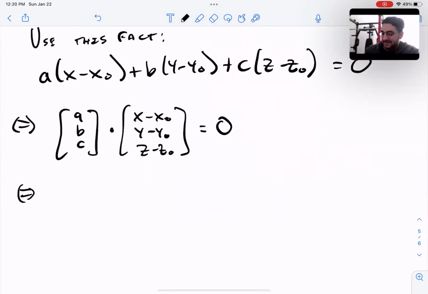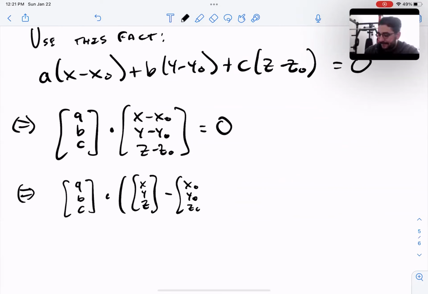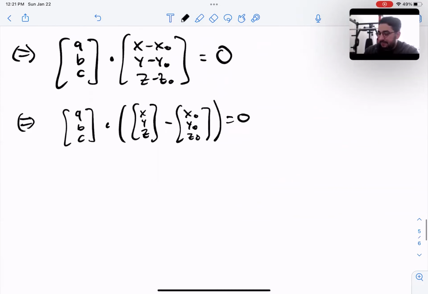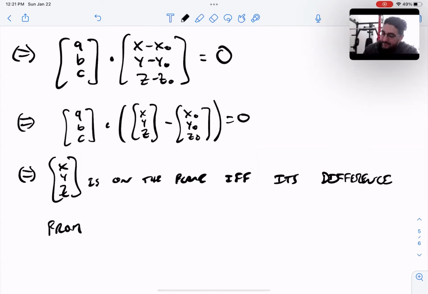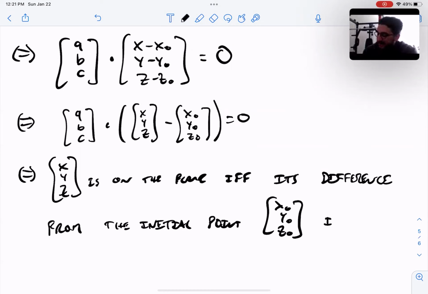Because then what happens next? Now I'm going to say this means that a point x, y, z is on the plane if and only if its difference from the initial point x naught, y naught, z naught is perpendicular to n, to (a, b, c).